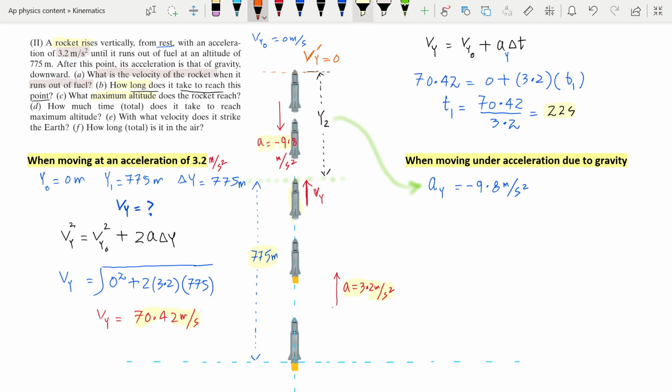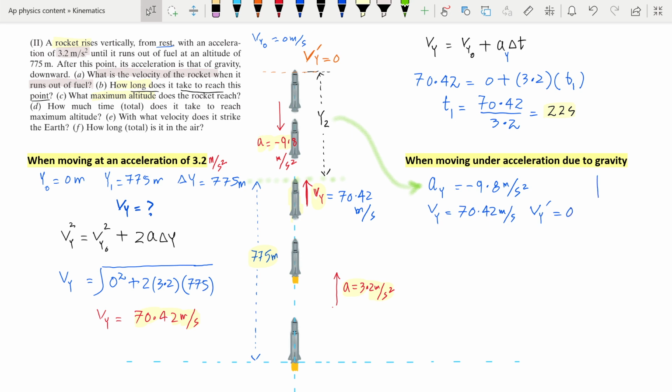All right, now we will consider this velocity, which we calculated, 70.42 meter per second, as the initial velocity in this part of motion.